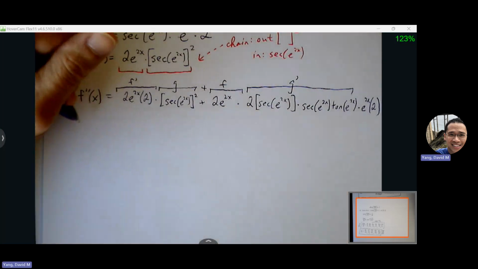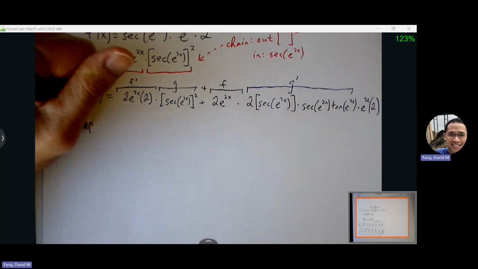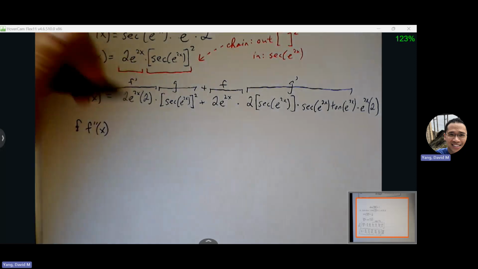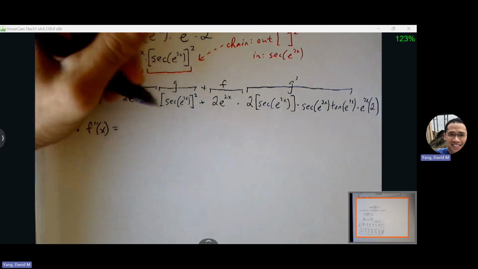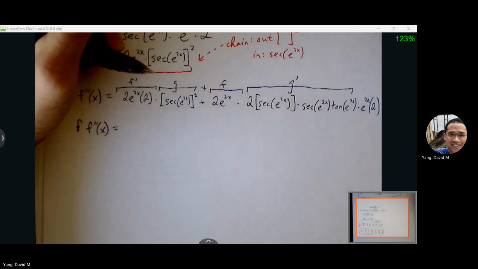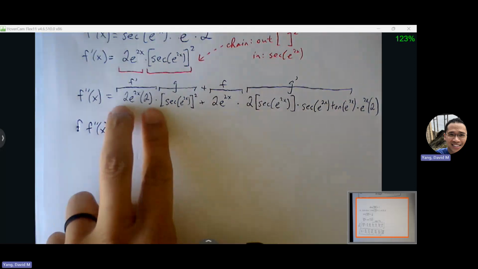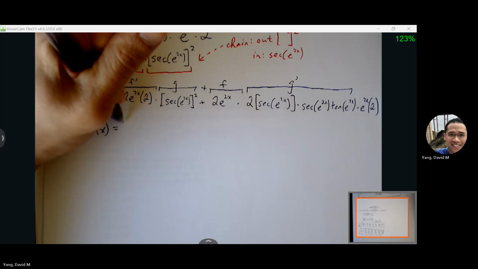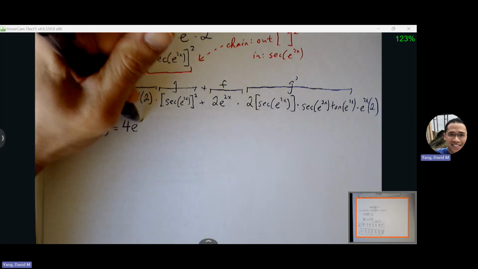Let me do some cleanup here, and I want to show you what they're doing to get to the answer choice that they're trying to get us to match up with. So I'm just pushing all the coefficients together here.